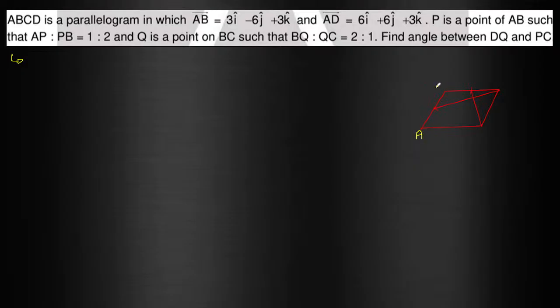This is A, this is B, this is C, this is D. So in between AB we have P, and on BC we have Q. So find this angle. Okay. We can say that AP by PB is 1 by 2, so AP is 1 by 3 of AB.